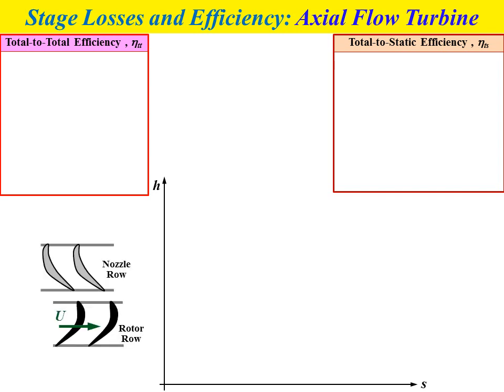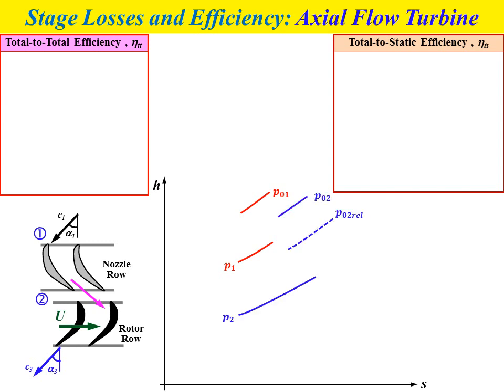The figure shows the arrangement of the nozzle rows and rotor rows for the turbine stage. We have the condition of flow at the inlet and the condition of flow at the outlet of the turbine stage. For condition number 1, in terms of pressure, we have two types: stagnation pressure P01 and static pressure P1. For condition number 2, we have three types of pressure: stagnation pressure P02, relative stagnation pressure P02 relative, and static pressure P2.